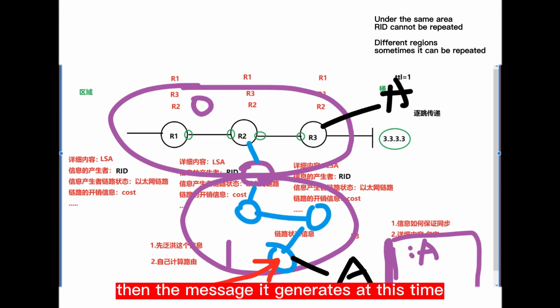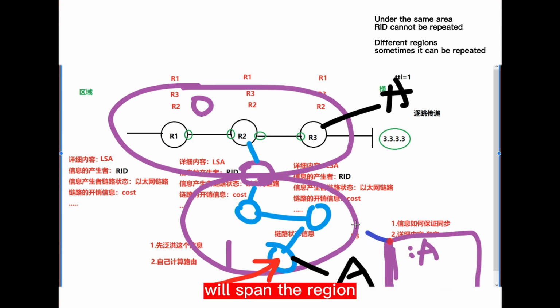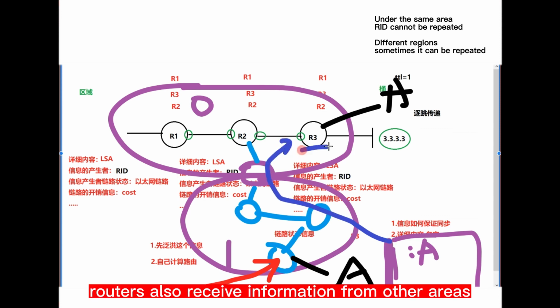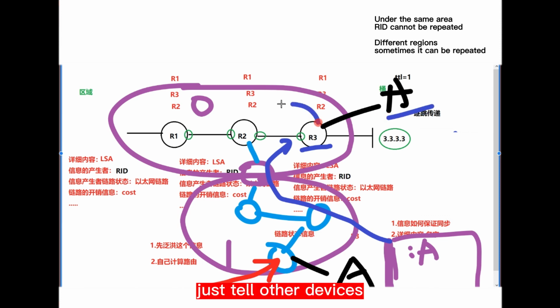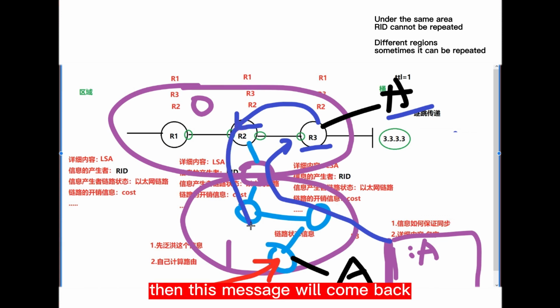Then the message it generates at this time will span the region to other regions. Routers also receive information from other areas, but then it won't work at this time. When it is received, it just tells other devices. It doesn't import it at all, and it doesn't have this route at all. Then this message will come back.